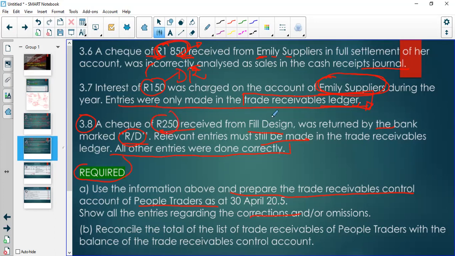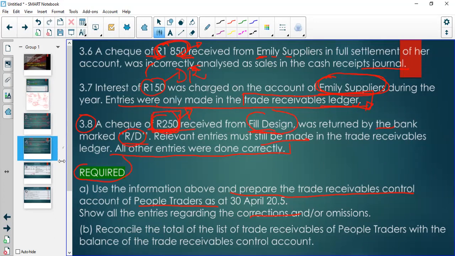So when we received this check from Field Design, we debited the bank account and credited the trade receivables control to say we received a payment. But now that entry has to be reversed. So we have to reinstate the debt of Field Design. We have to debit the trade receivables control to say no, this wasn't paid. This is still owing. Right.